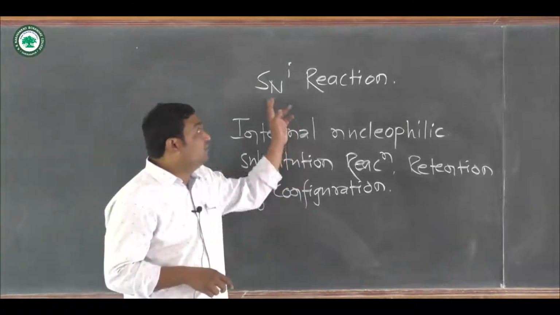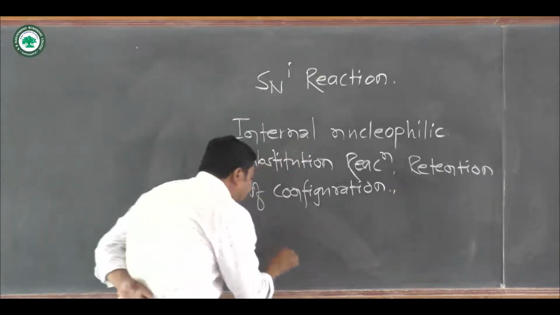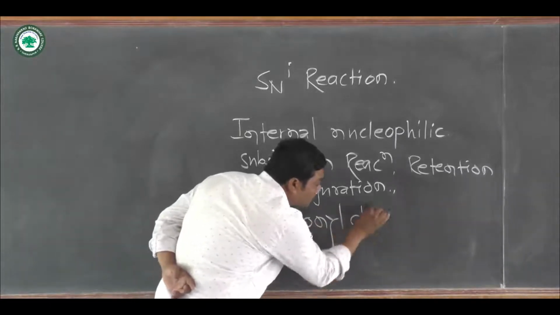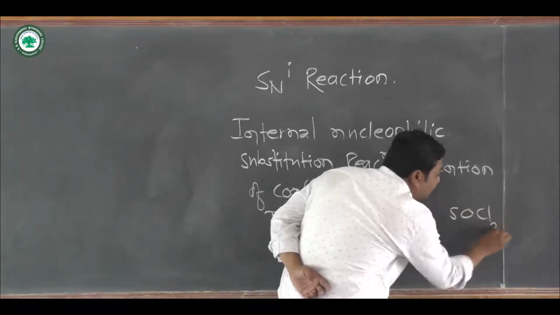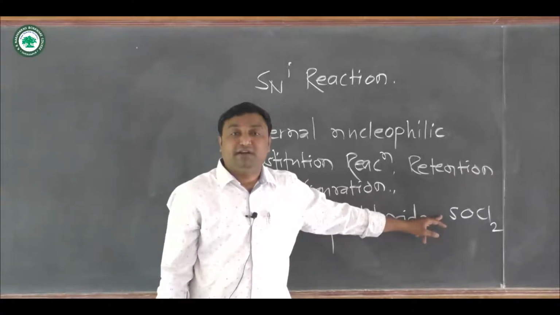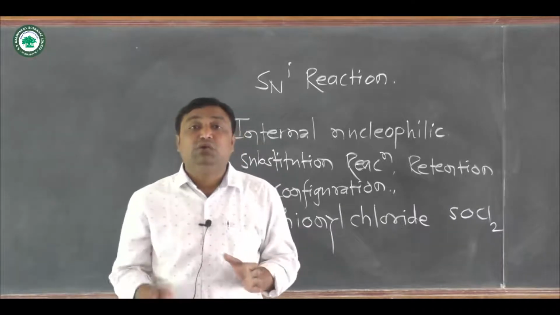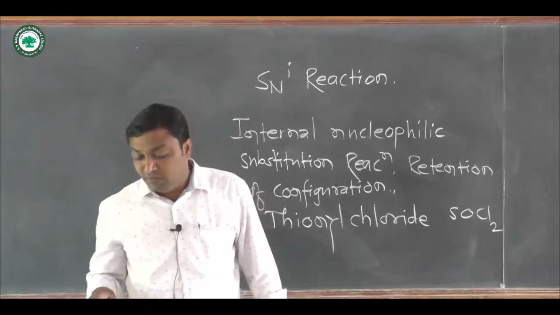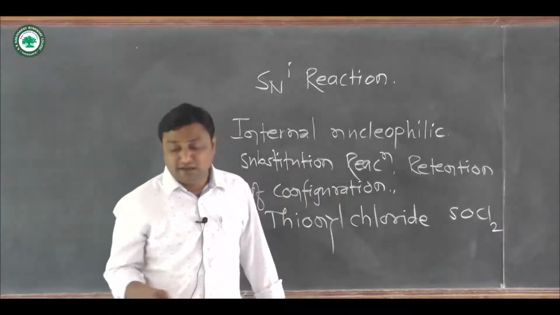Now for this SNi reaction, we mainly use the reagent thionyl chloride, that is SOCl2. Thionyl chloride is a chlorinating agent which can be used to convert alcohol to alkyl halide. Now we have to see the reaction.